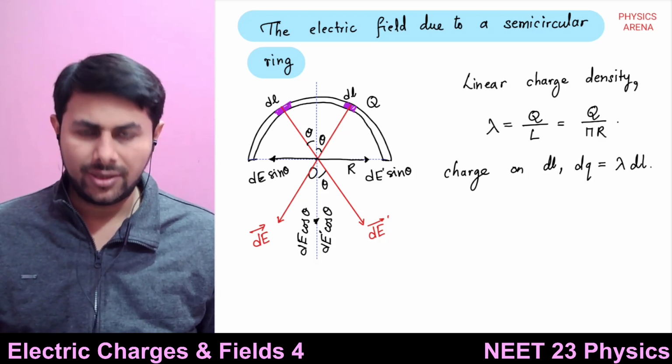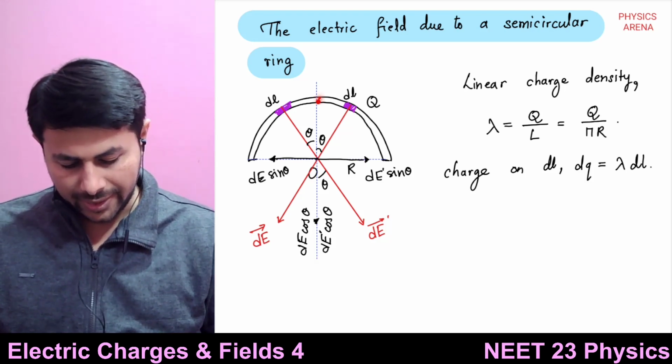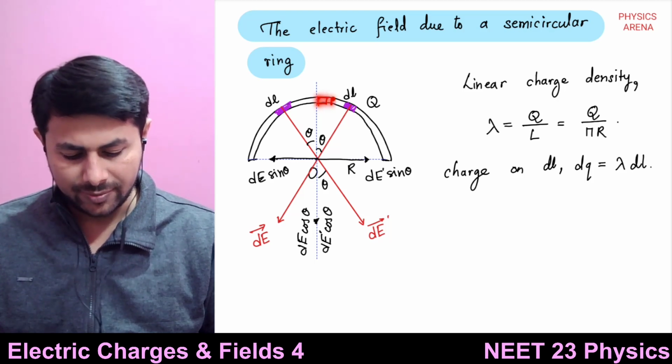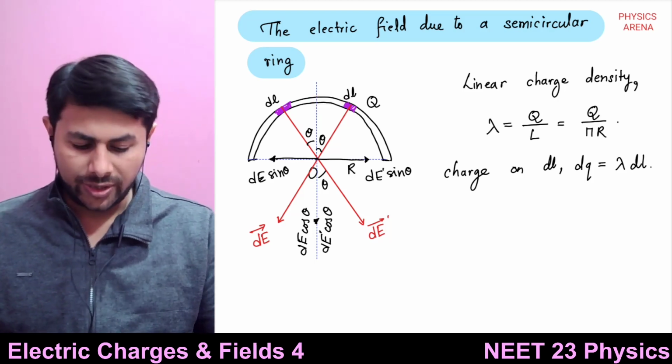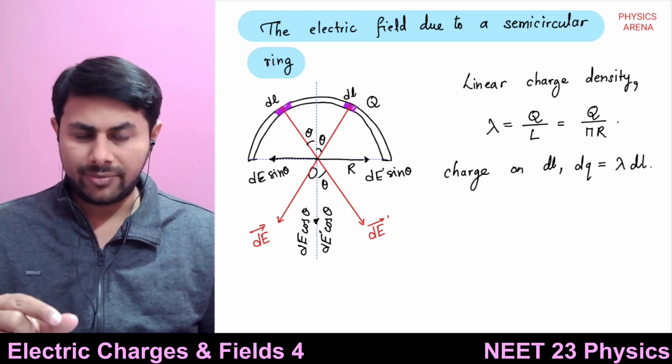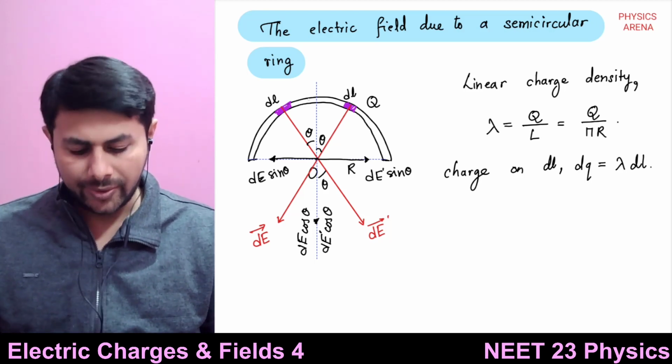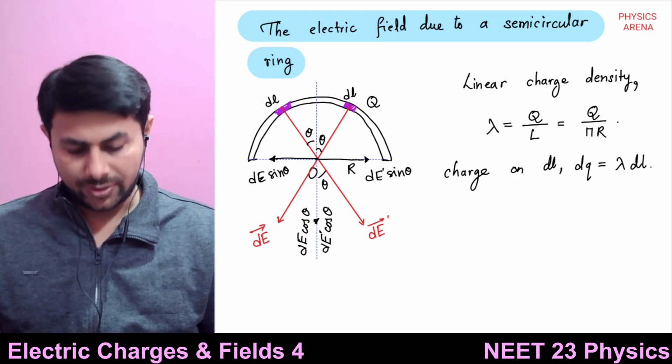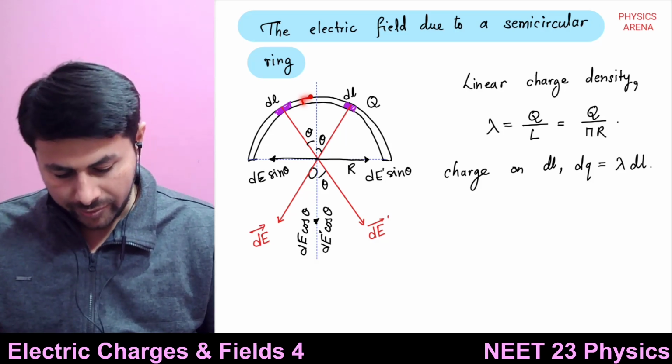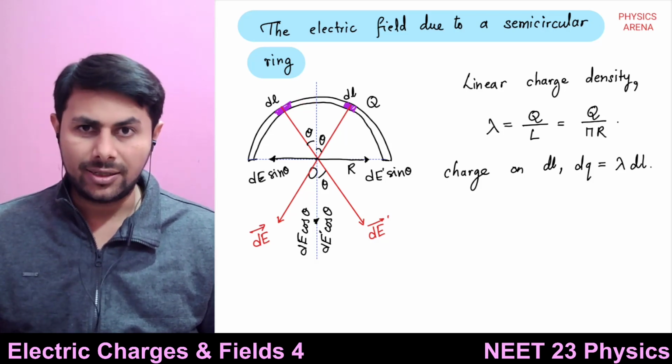So what does this mean? If we consider n number of such small elements on one side, for each length element we'll have another length element on the left hand side which has the same length and is at the same angle.